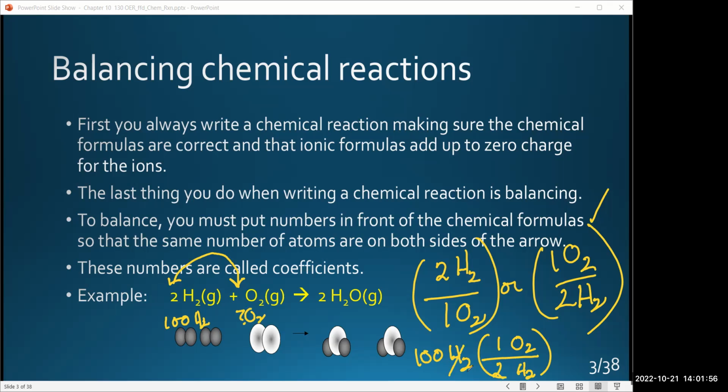And so you can see how hydrogens cancel out. It's telling me that if I start off with 100 molecules of hydrogen gas, I need only 50 molecules of oxygen gas, okay?